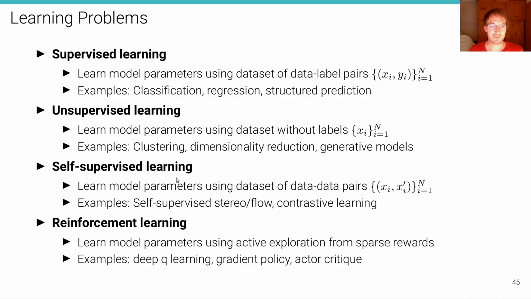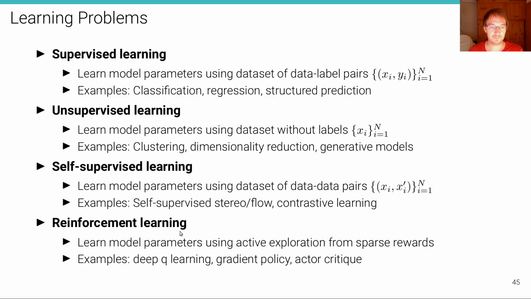In self-supervised learning, we learn the model parameters using a dataset that is made out of data pairs. So we have X and X prime pairs in the dataset. Examples for this include self-supervised stereo and optical flow estimation or contrastive learning.